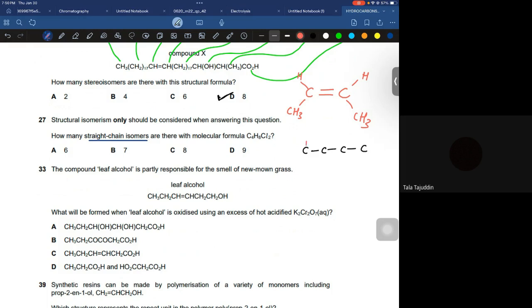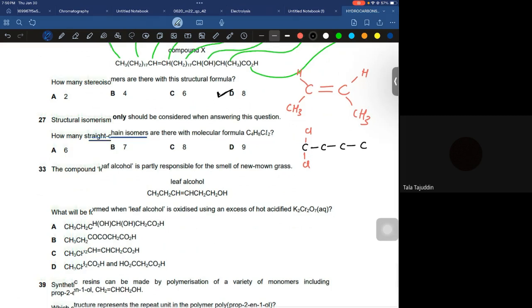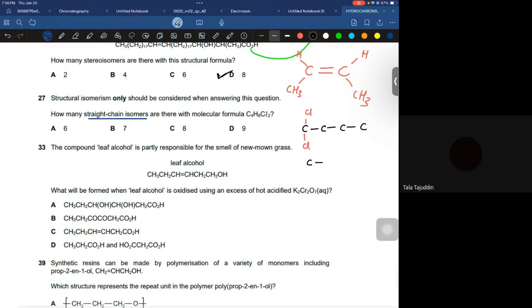I can attach one chlorine over here, one chlorine over here. I'm not going to write down hydrogen atoms, it's understood, obviously. So this is the first possibility. This was 1,1 dichloro. Then I can make another possibility, 1,2 dichloro.